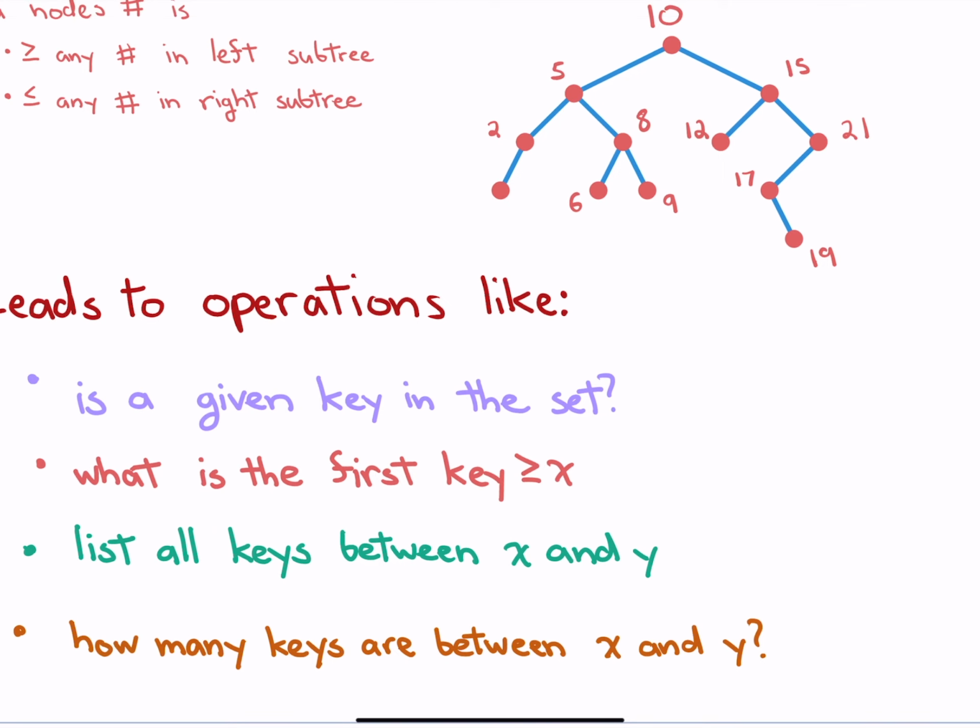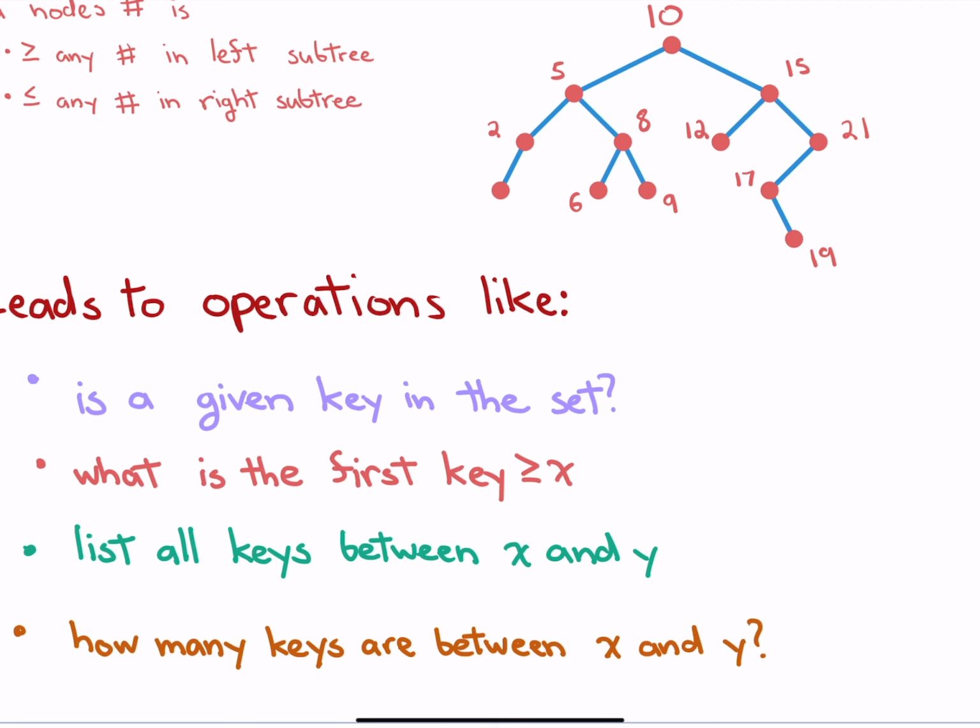Okay. All right, so when you have all your keys in a tree, you can ask questions like, is a key in the tree? Or you could say, here's some key, what's the first key that's bigger than it? Or you could say, what are all the keys between A and Z?